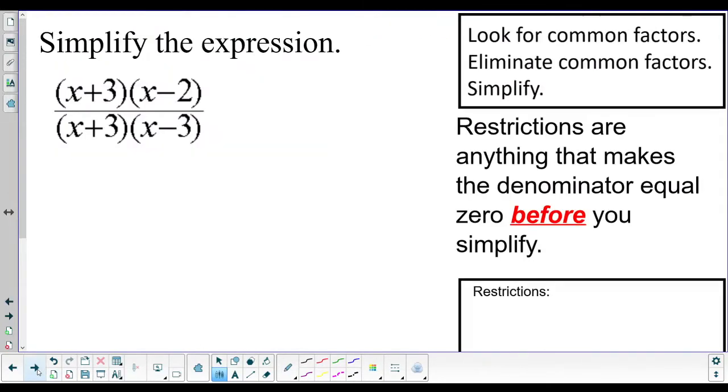So let's go ahead and talk about a few things. The first thing you want to do on all of these, step numero uno, is going to be factor the top and bottom. This step does not always have to happen.